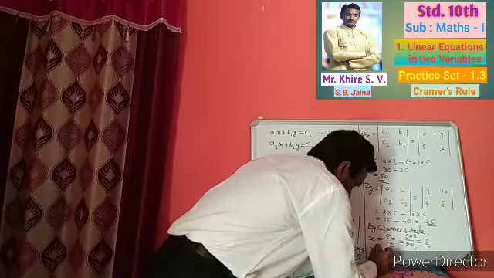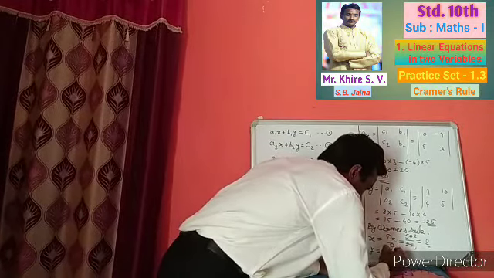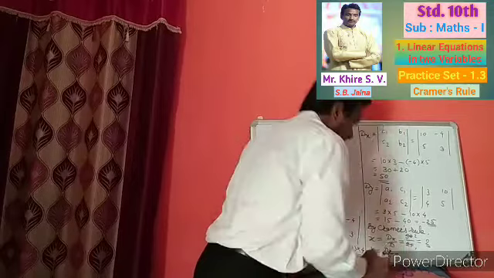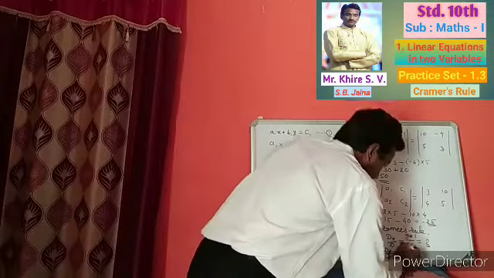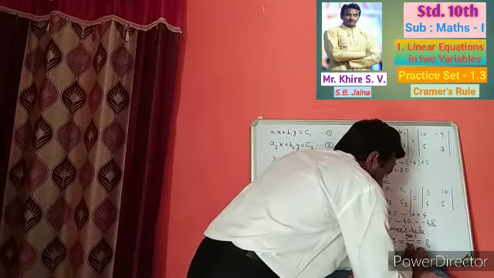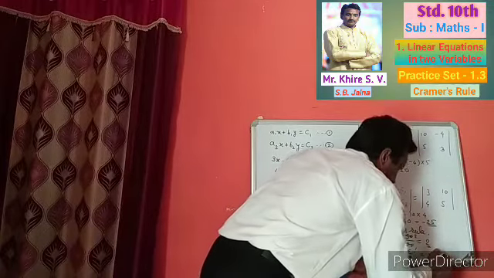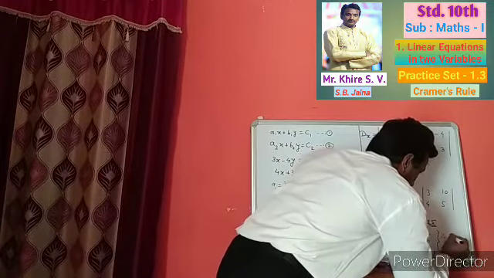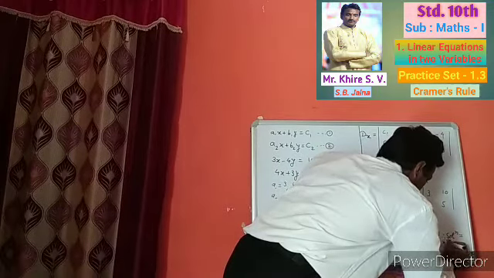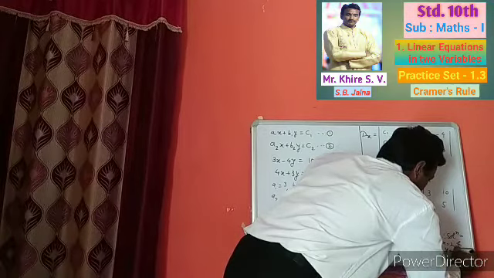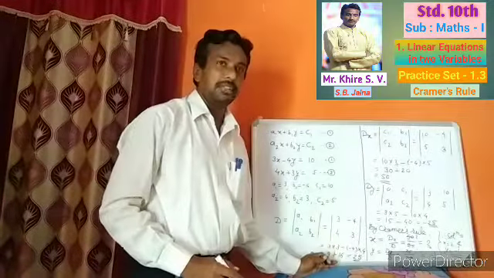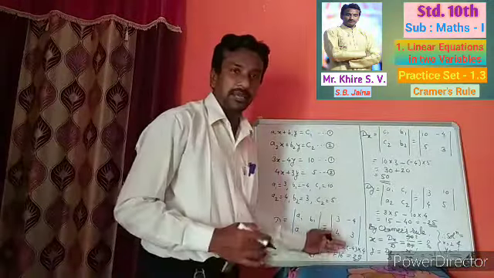Now find the second variable y, that is dy upon d. Put these values: dy is equal to minus 25 and d is equal to 25. 25 1s are 25, that is minus 1. Therefore we get the solution of these two equations: x is equal to 2 and y is equal to minus 1. This is the solution of these two simultaneous equations by using Cramer's rule.